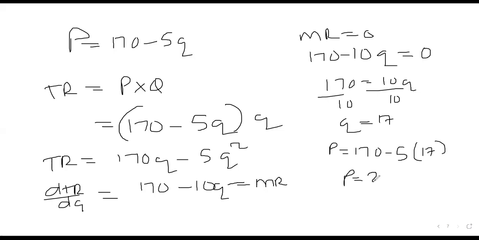So we get our 85 as the price that maximizes revenue. Okay. So that is how we move. Let's try to differentiate this. Suppose we have the following.